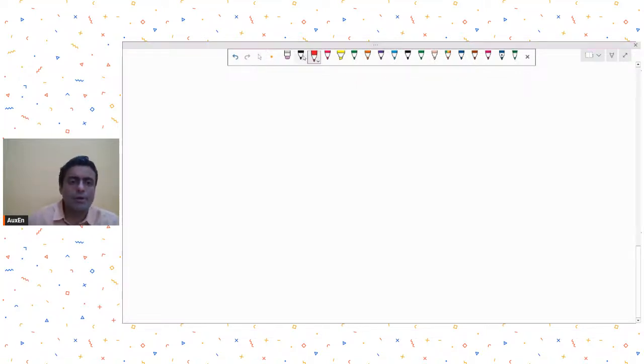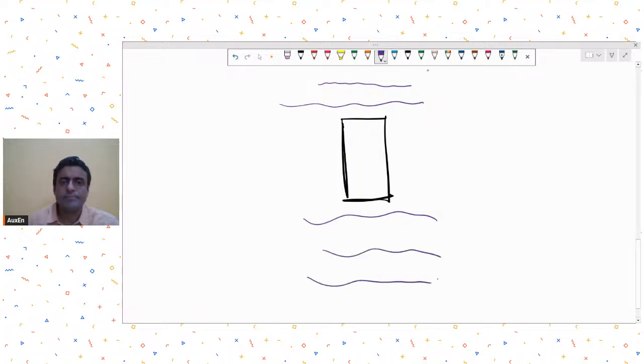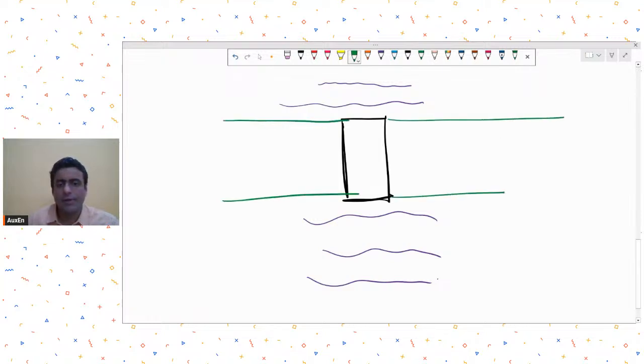Let's say this is my column, and if you check the stress contours, let's say because of the presence of a beam, a stiff element, your shear contours will usually be like this, isn't it?